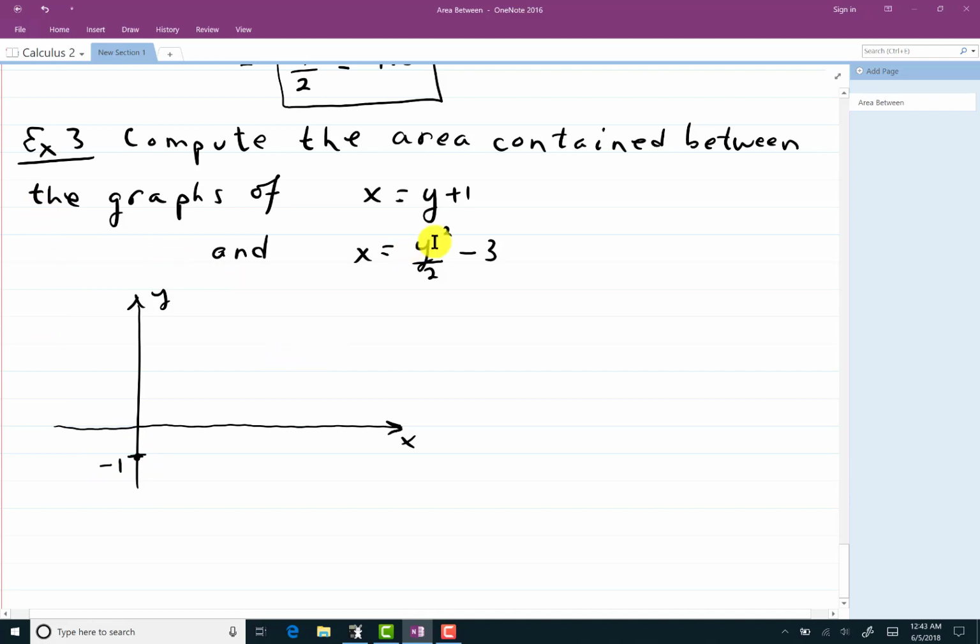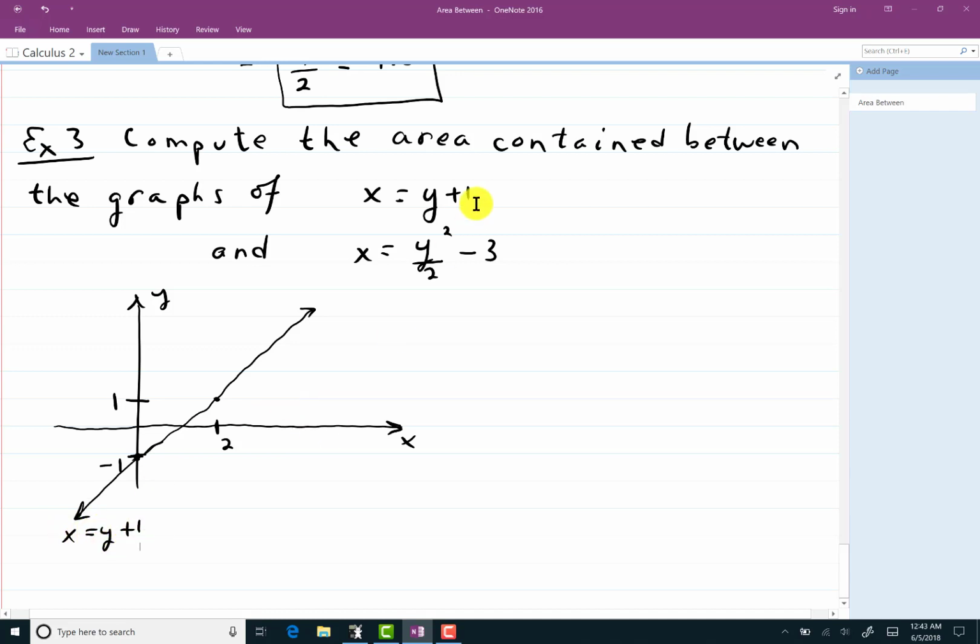And then I would just pick another value for y. Say y equals 1. When y equals 1, x is equal to 2. And then it being a line, you can just connect the two of them. Got it. So that is x equals y plus 1.